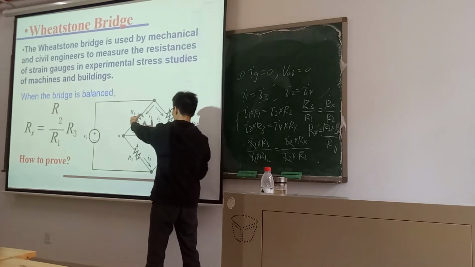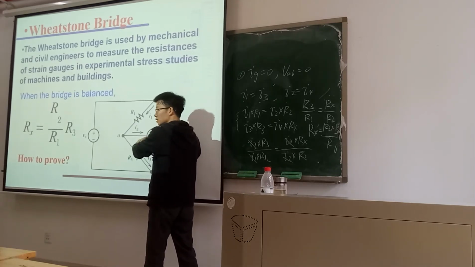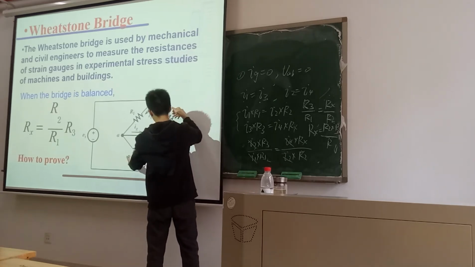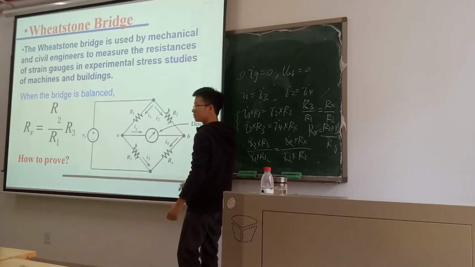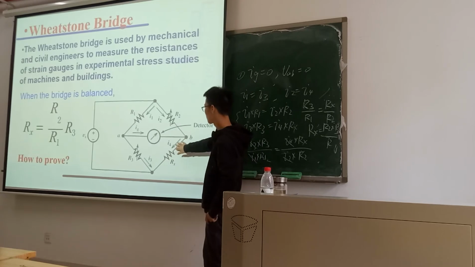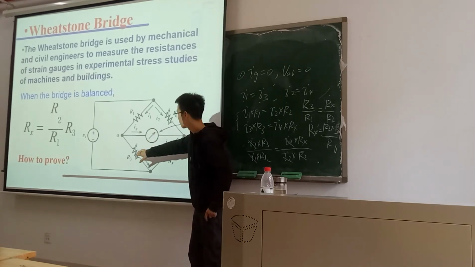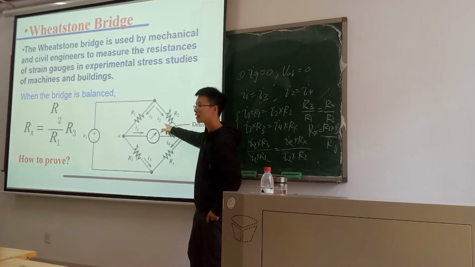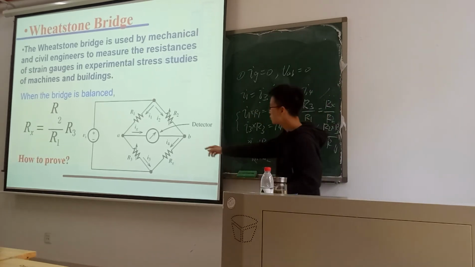That means the two opposite sides of the bridge multiplied together are equal to the other two opposite sides multiplied together.